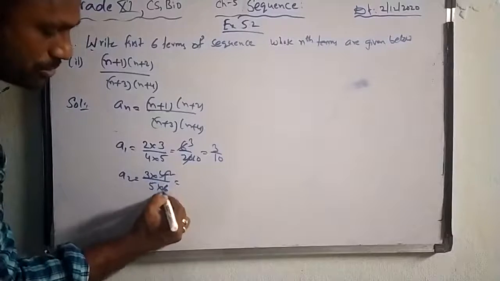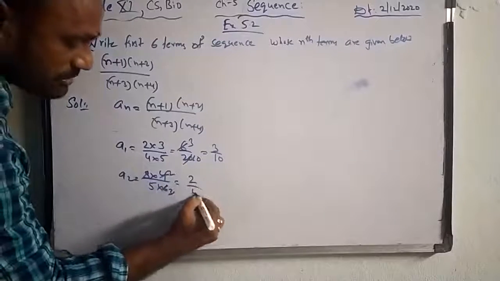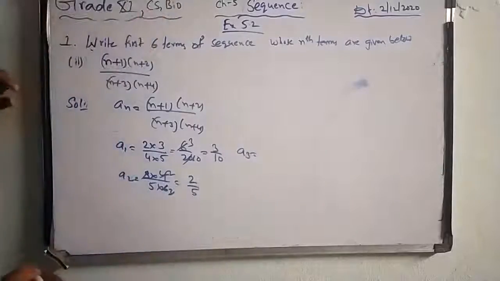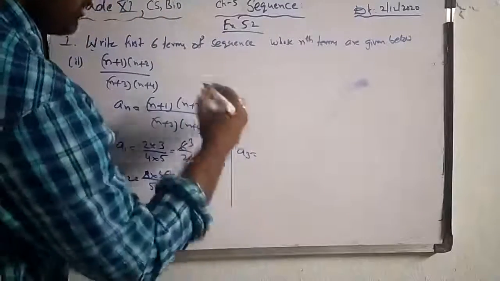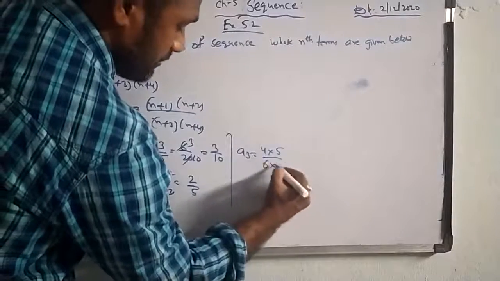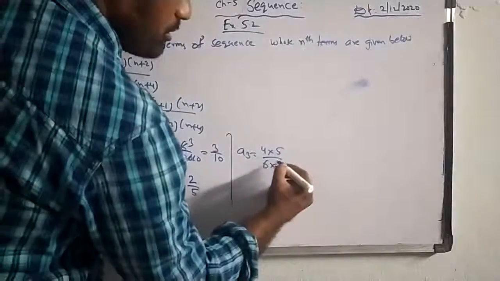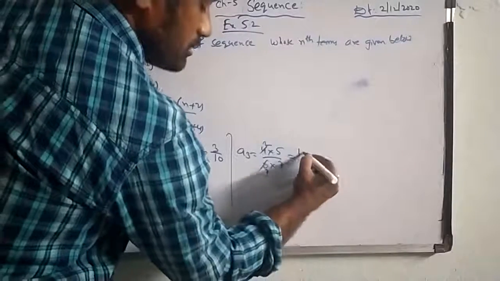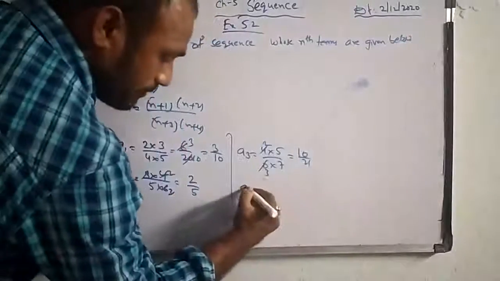So 2 2s, 2 3s, the 3s get cancelled, which is 2 by 5. Next a3, third term in the sequence: 3 plus 1, 4, 5, 6, 7. 2 2s, 2 3s, 10 by 21.